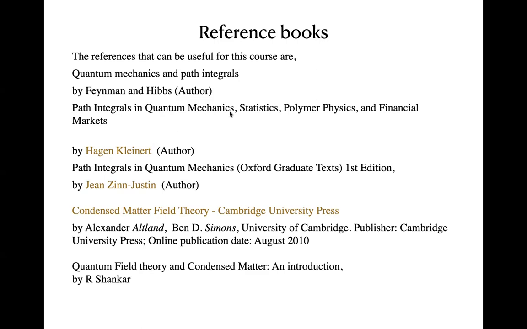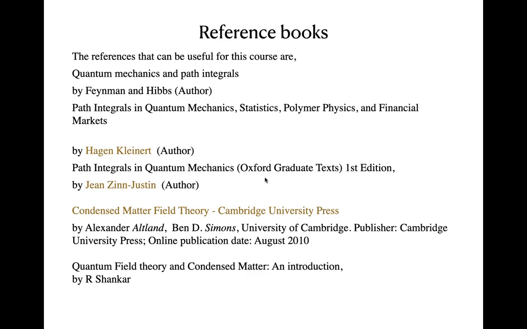This is also a very comprehensive book in this field, and you can learn many different topics. The third one is a French authored book by Jean Zinn-Justin. He's a field theorist, and the title of the book is Path Integrals in Quantum Mechanics, by Oxford.